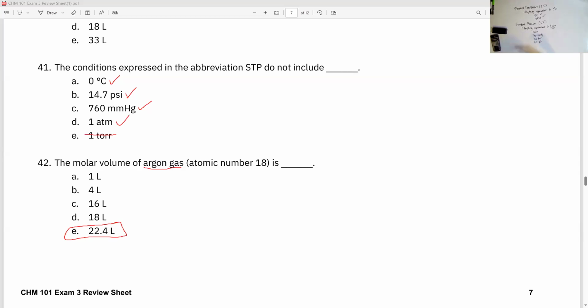If you have more than 1 mole of gas, then the volume will be larger than 22.4 liters. And if you have less than 1 mole of gas, then the volume will be less than 22.4 liters. But the definition of molar volume is that at STP, standard temperature and pressure, 1 mole of gas equals 22.4 liters of space.